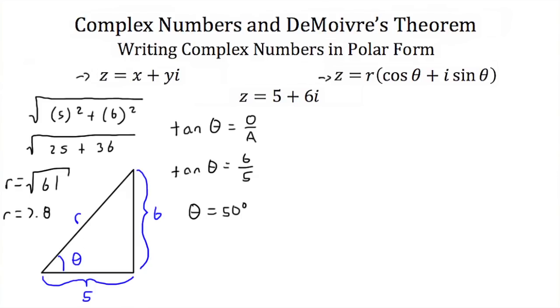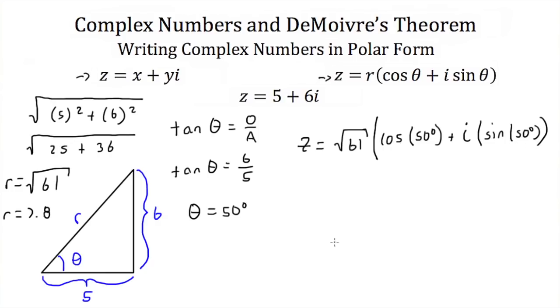So I have everything I need to write this in polar form. So z is equal to our r value, which is the square root of 61, times the cosine of 50 degrees plus i times the sine of 50 degrees.